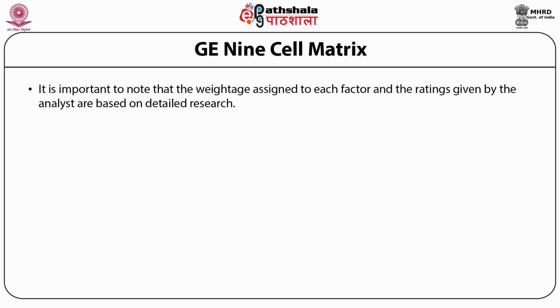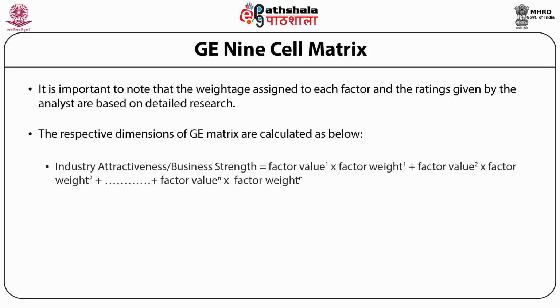It is important to note that the weightage assigned to each factor and the ranking given by the analyst are based on detailed research. The respective dimensions of GE metrics are calculated as below. Industry attractiveness or business strength equals the factor value times the factor weight for factor 1, and so on up to the nth factor.